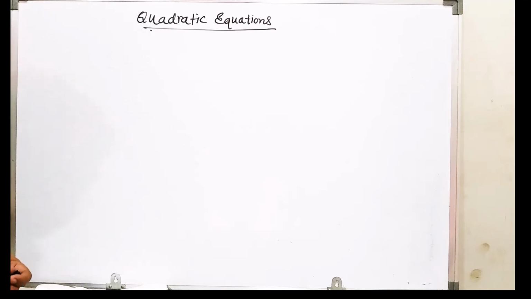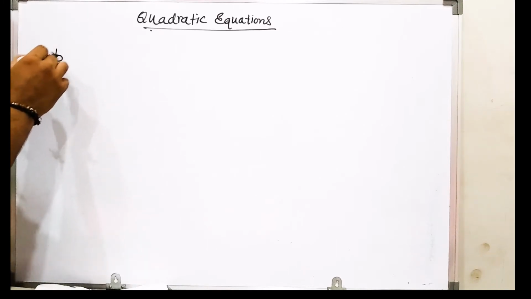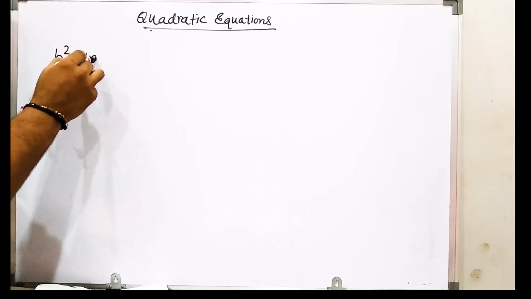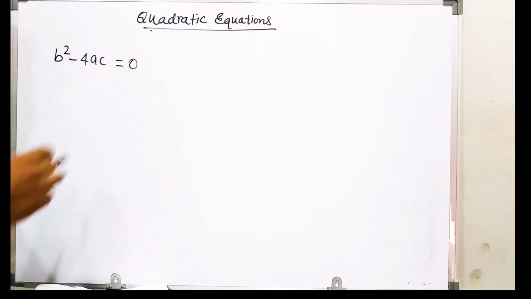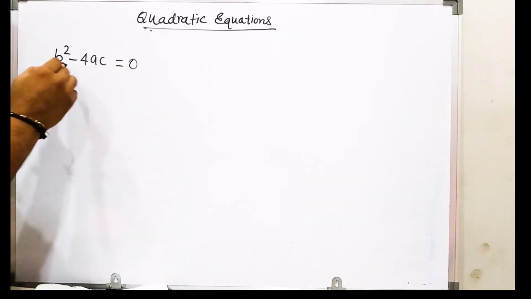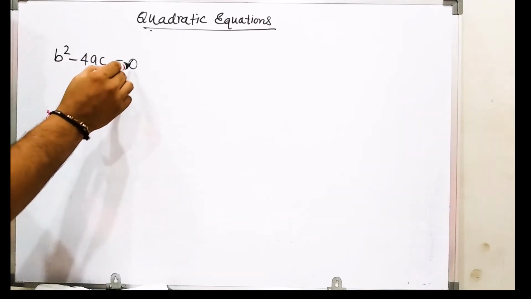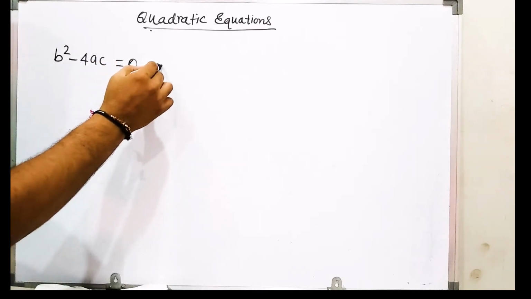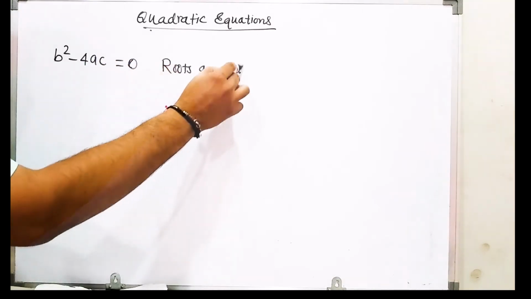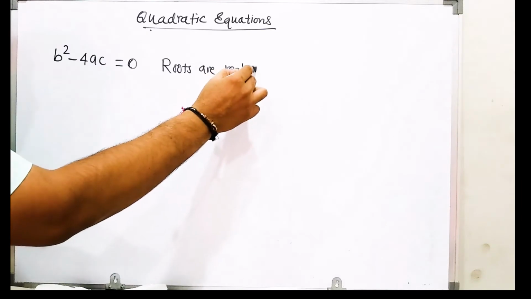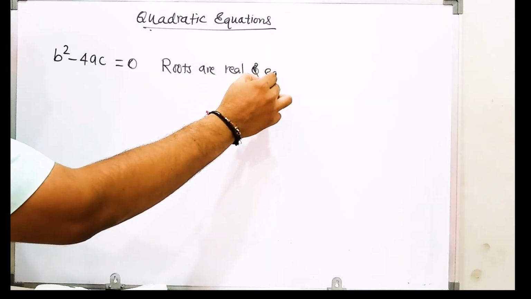Before determining the nature of the roots, you should know three important points. If the value of discriminant b square minus 4ac is equal to 0, after calculating, if 0 comes, then the roots are real and equal.